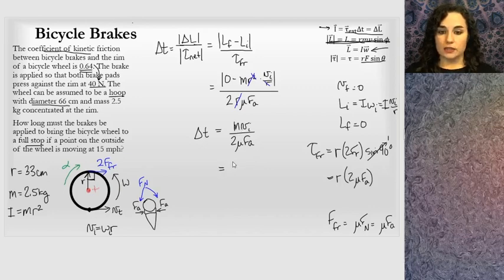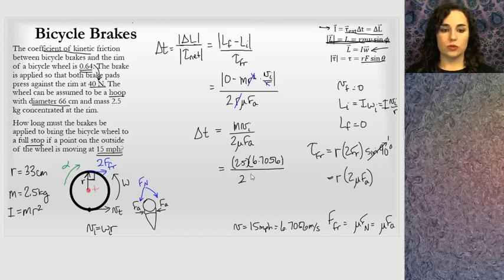The mass, they give me 2.5. The initial velocity is 15 miles per hour. Well, I did some calculations before I started this lesson. 15 miles per hour is actually 6.7056 meters per second, so I can plug that value in here, 6.7056. I'm going to divide by 2 times the coefficient of friction, 0.64.